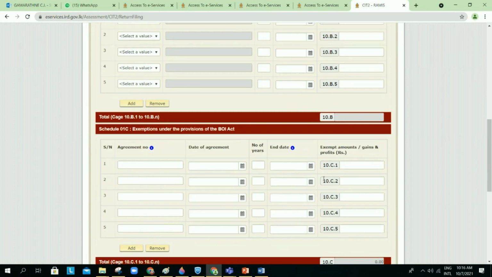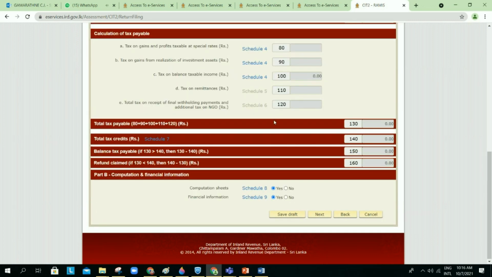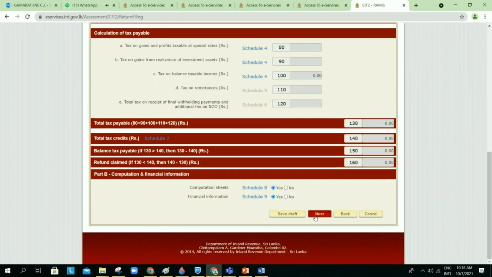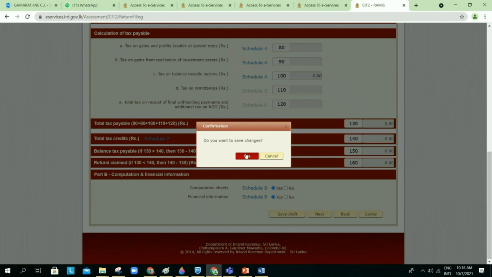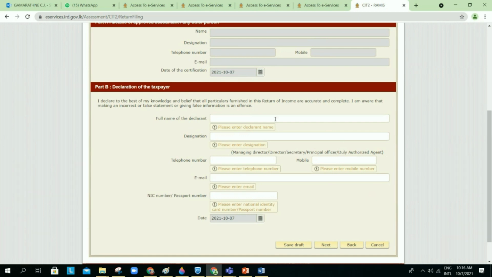Then, like I already showed in the declaration page, these are the mandatory fields. You can't skip those to submit the return.